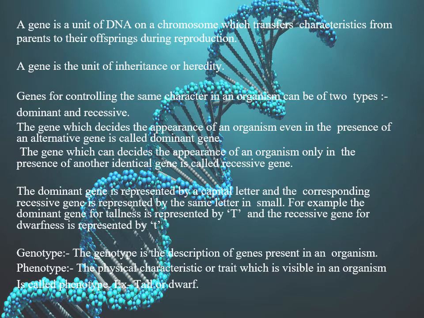And if it is a genotype, we know that we have true tallness, true dwarfness, and in between we have a hybrid variety, or a medium sized one. These come under the genotype.